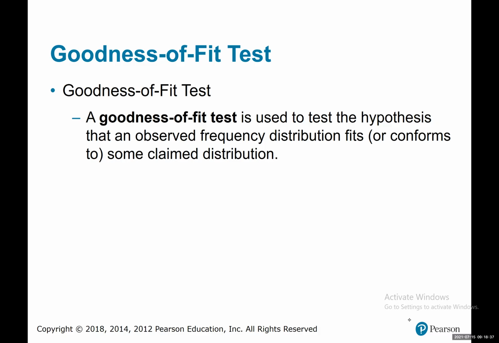So observed is fitting some claimed distribution, and that's the goodness of fit test that we're going to do today. If you want to take a moment to read it and then maybe write a note, because that's our lesson for today.